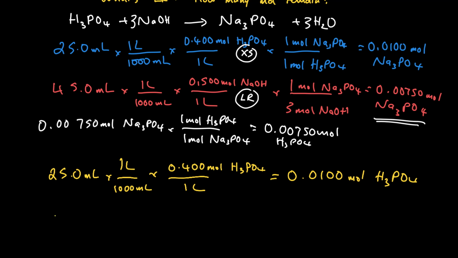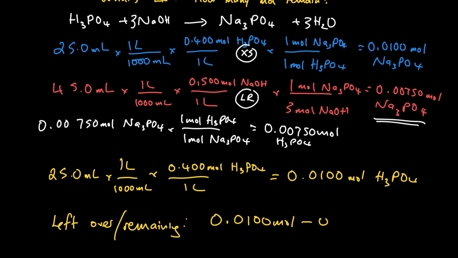And then the leftover, or remaining, is just the difference between those two. So we started with this much. We consumed this much. So the difference then is 0.0025 moles of phosphoric acid. So we would have had 0.00250 moles, so that's 2.5 millimoles of phosphoric acid left over.